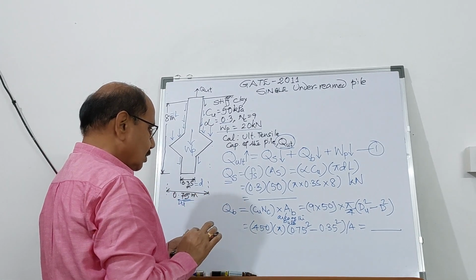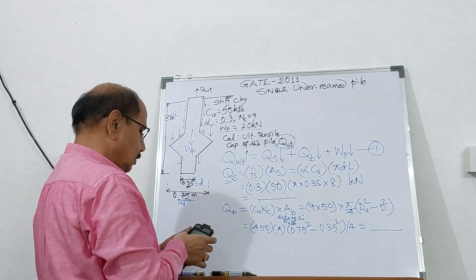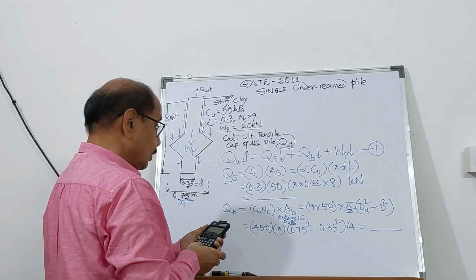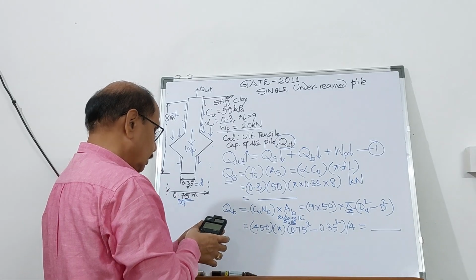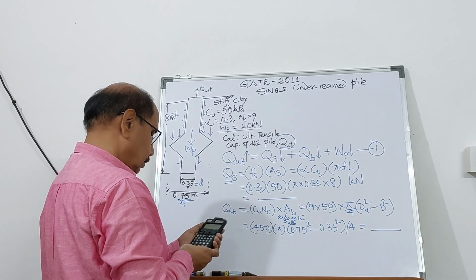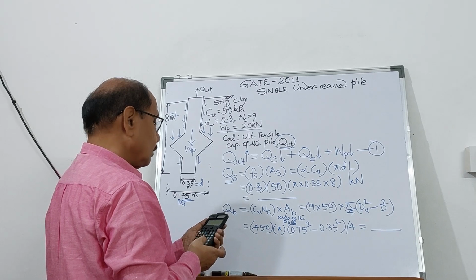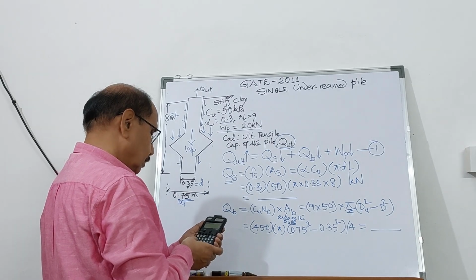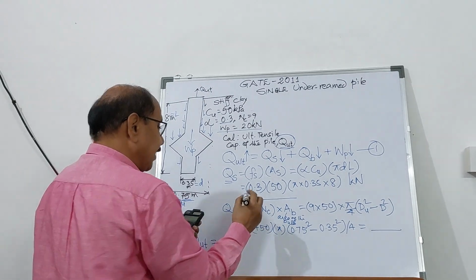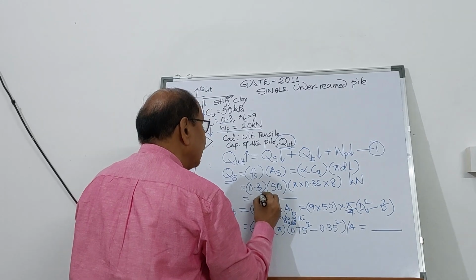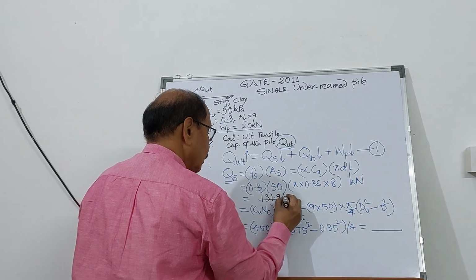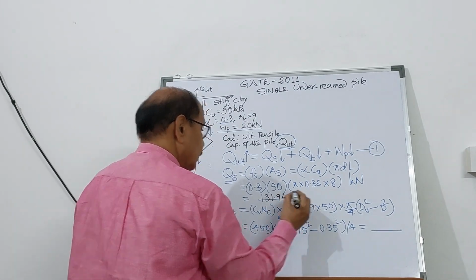First QS, so this is going to be 15 multiplied by... this gives me 131.94 kilonewton.